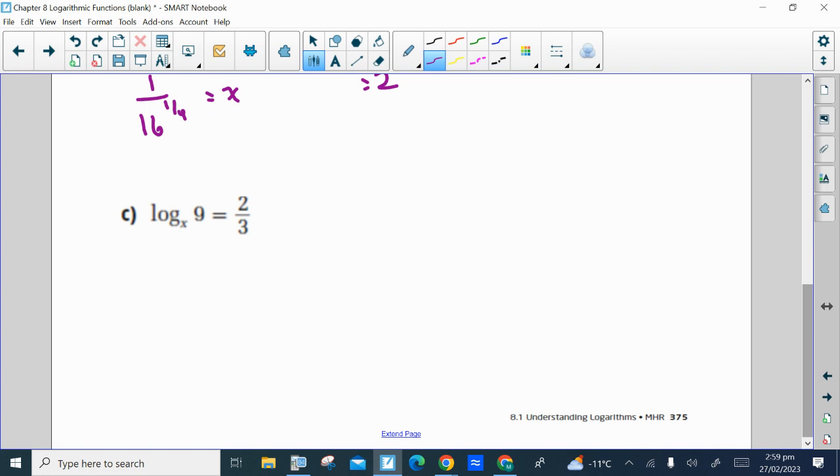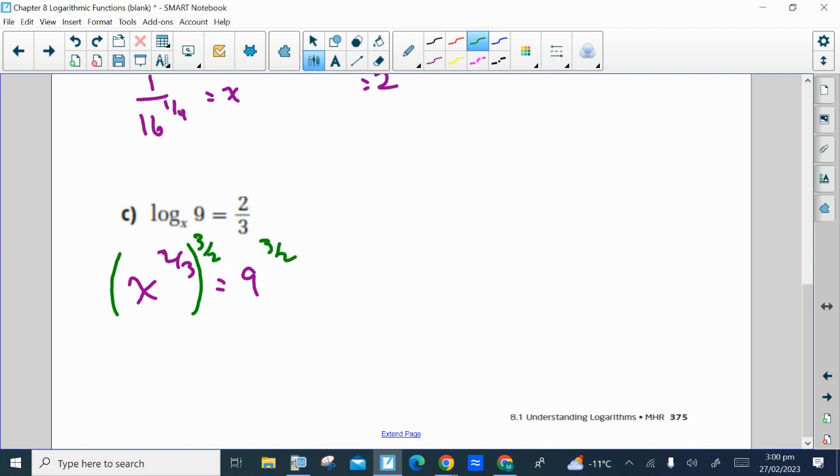And for C, start with the base, cycle through. Convert from logarithmic to exponential. It will be x to the 2/3 equals 9. So to solve this one, to know what x equals, we want x to the 1. We need the exponent of x to be 1. And we can do that if we raise that to the power that's the reciprocal of 2/3.